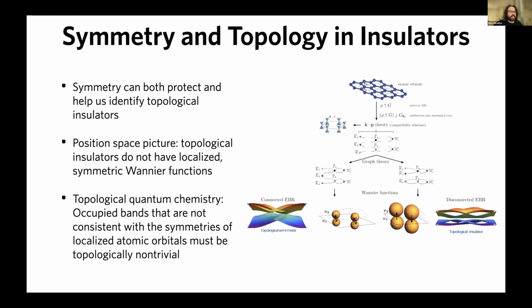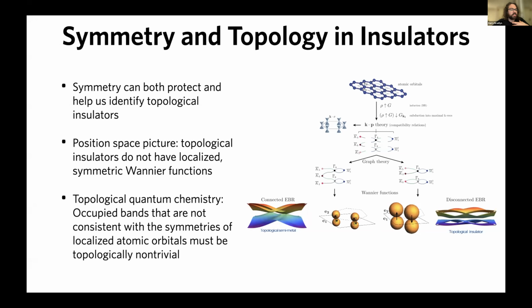So this perspective has been used to great effect to characterize and classify topological crystalline insulators in all of the 230 space groups. Symmetry comes in two ways. The first is that it can be used as a tool to help us identify different topological insulators by looking for symmetry-based indicators, simple group theory quantities that we can compute, like characters of irreducible representations that tell us whether or not a set of bands can be represented by localized Wannier functions.